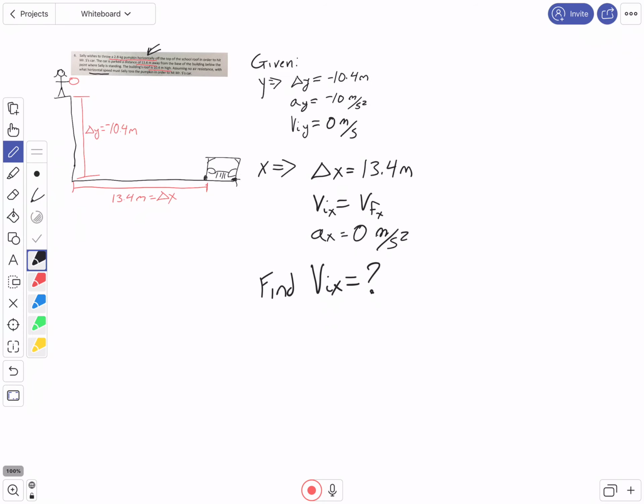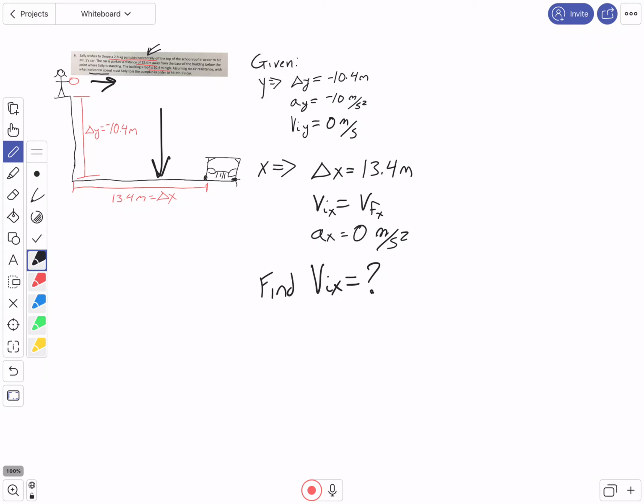So there are two major parts to this. First, we need to know how long it's going to take the pumpkin to fall, because no matter how fast Sally pushes it, it's still going to take the same amount of time to fall. That was from our notes on projectile motion.